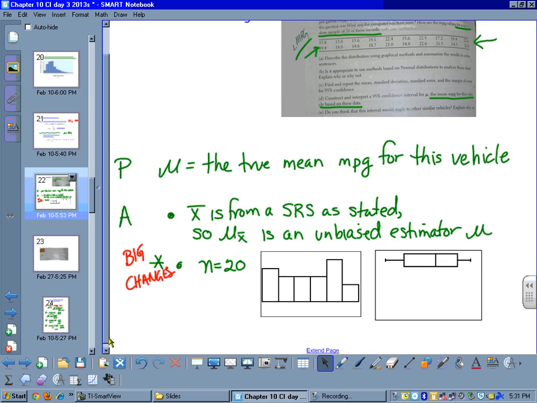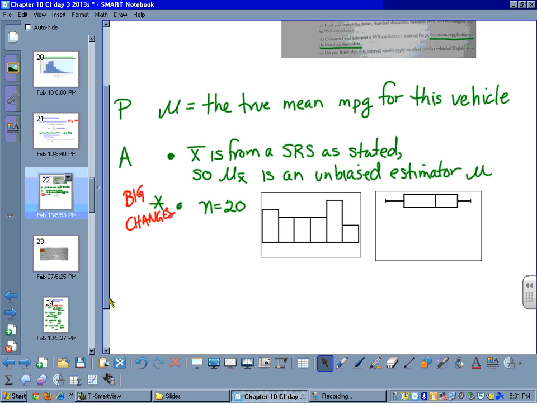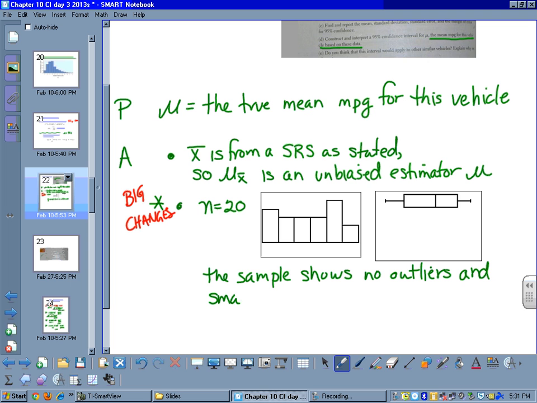We definitely have no outliers. So now that we have those two pictures, and again, you only have to write down one, we would say the sample shows no outliers and small to no skew.